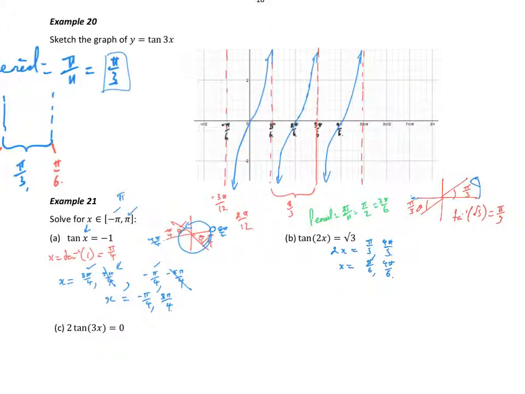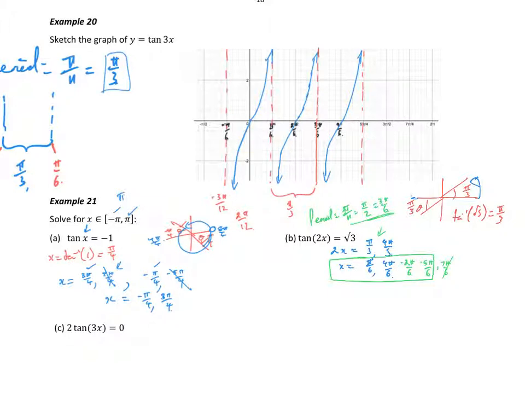So pi on 6 minus 3 is negative 2 pi on 6. Negative 2 minus 3 is negative 5 pi on 6. Take another 3 off, it goes to negative 8, that's going to be too big. I've got 4 pi on 6. If I add 3, well, that's 7 pi on 6, which is too big also. So we can see there, they're my 4 solutions. So get your first two solutions, then add and subtract the period of the function.